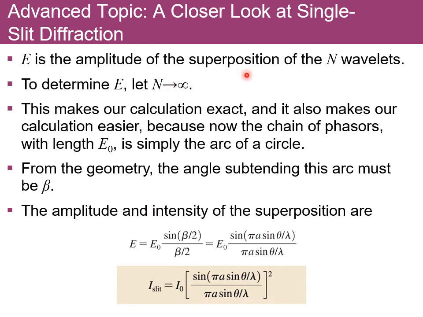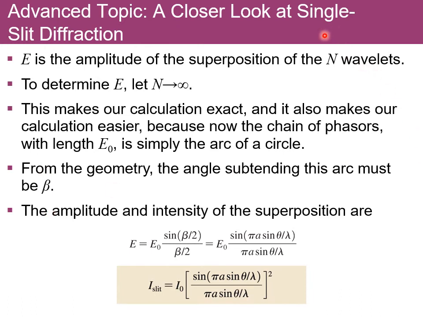E is then the amplitude of the n wavelets. To determine E, we allow n to approach infinity. This makes our calculation exact, and it also makes our calculation easier, because now the chain of phasors with length E naught is simply the arc of a circle. From the geometry, the angle subtending this arc must be beta.